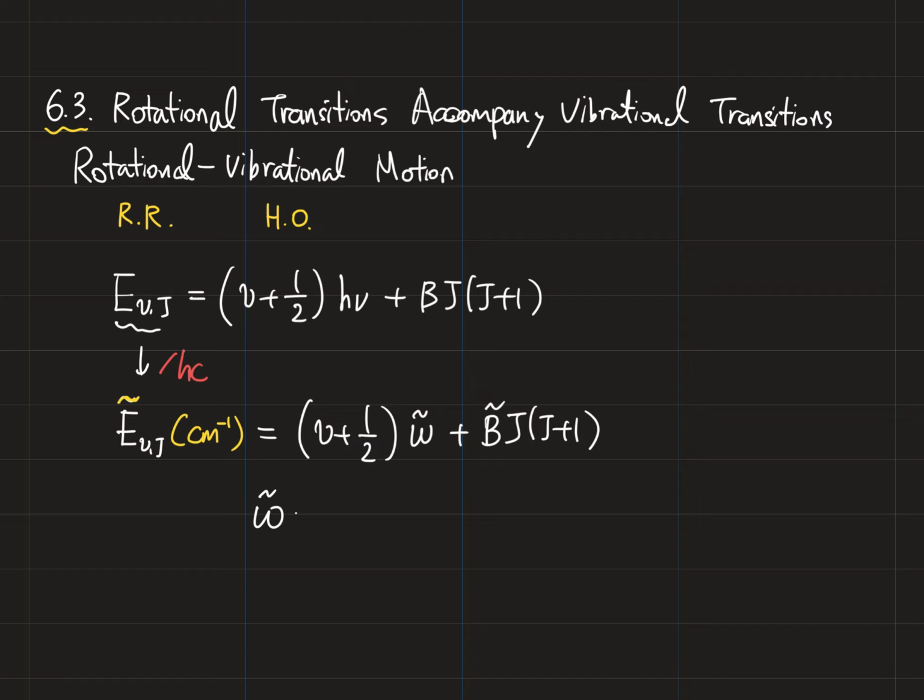So omega tilde here is simply the angular frequency divided by c. And B tilde is h over 4 pi squared c I.